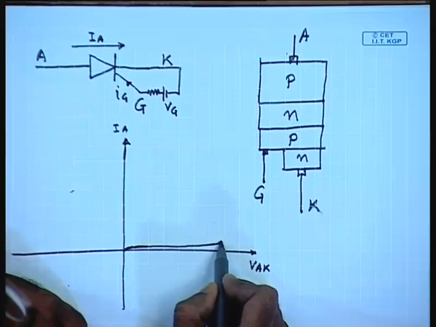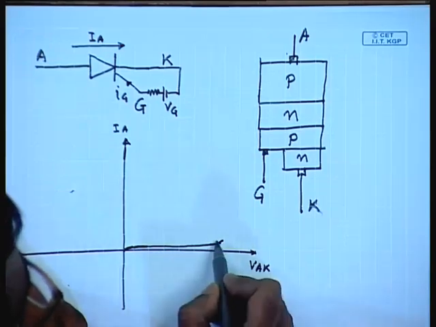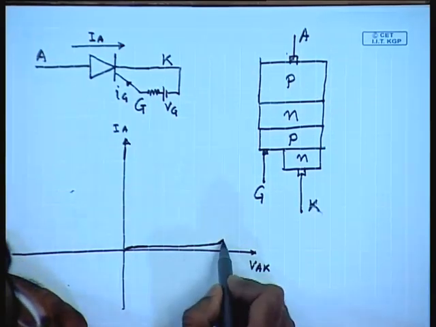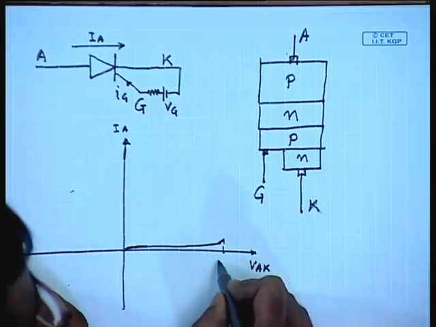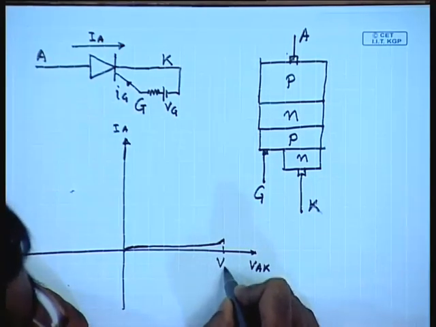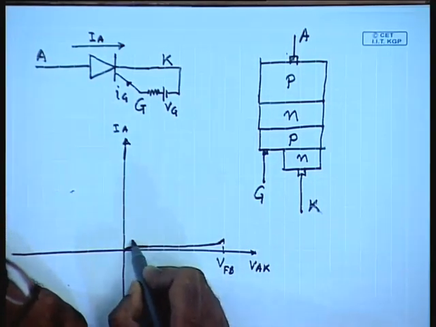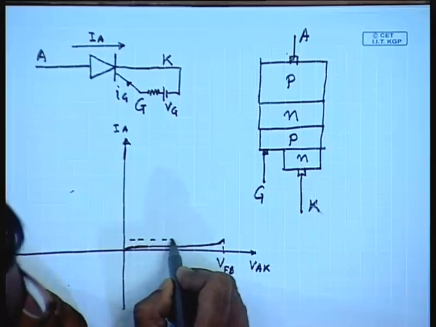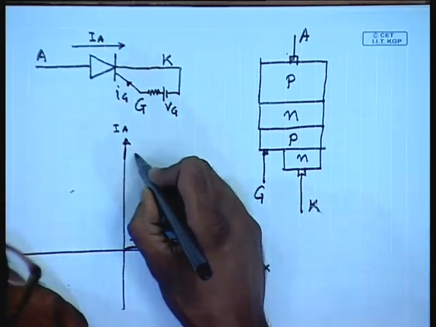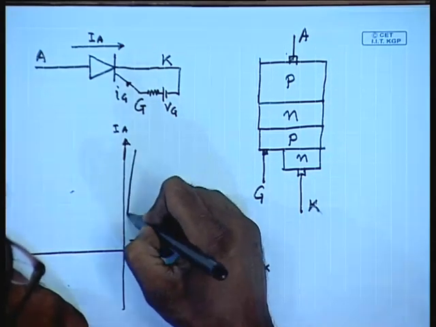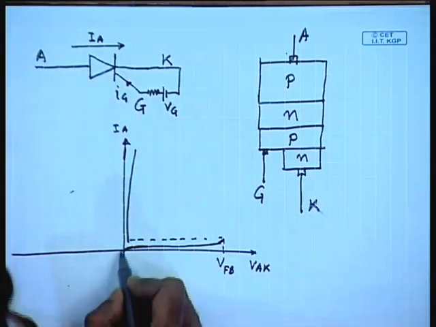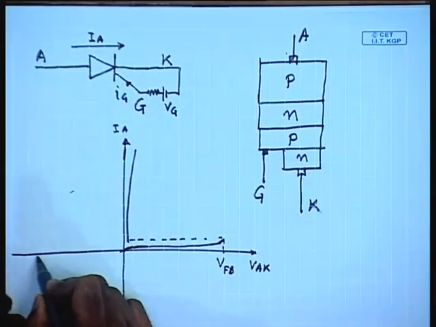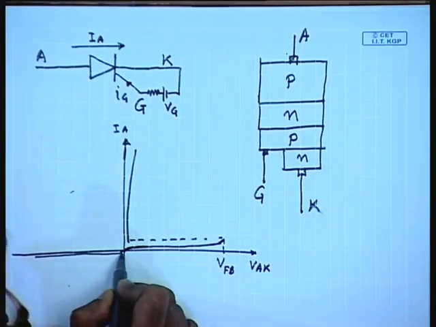Once it reaches a certain maximum voltage called the forward breakdown voltage, the device turns on. After that, it behaves almost like a diode. On the reverse side, it is like a diode.